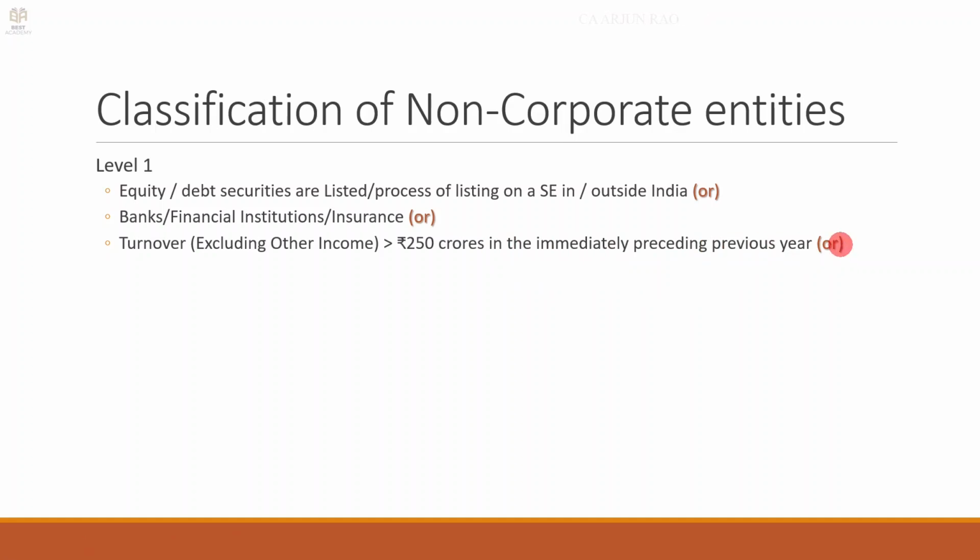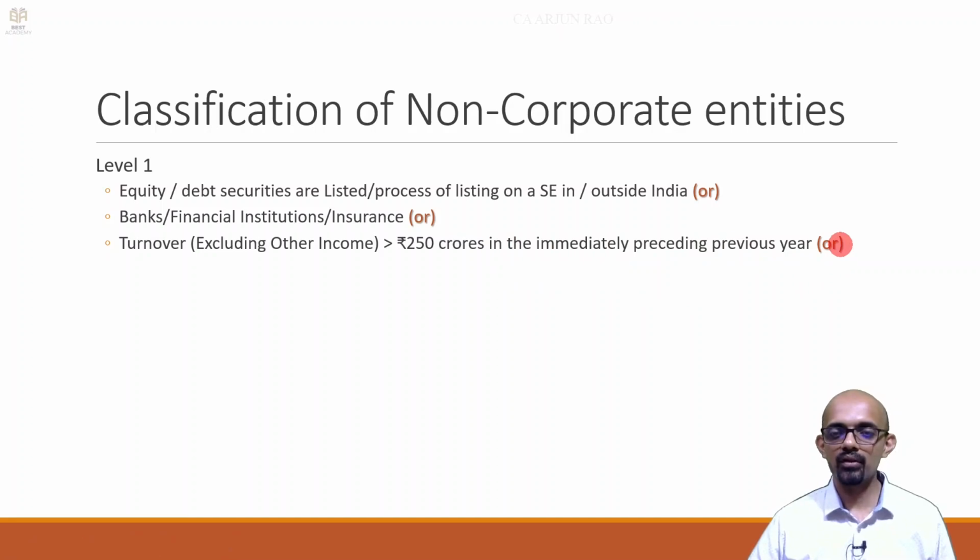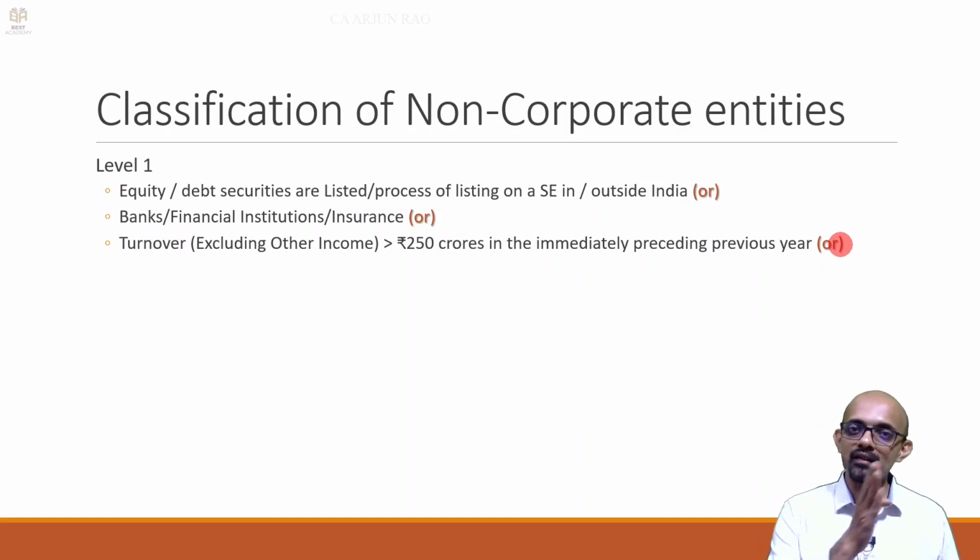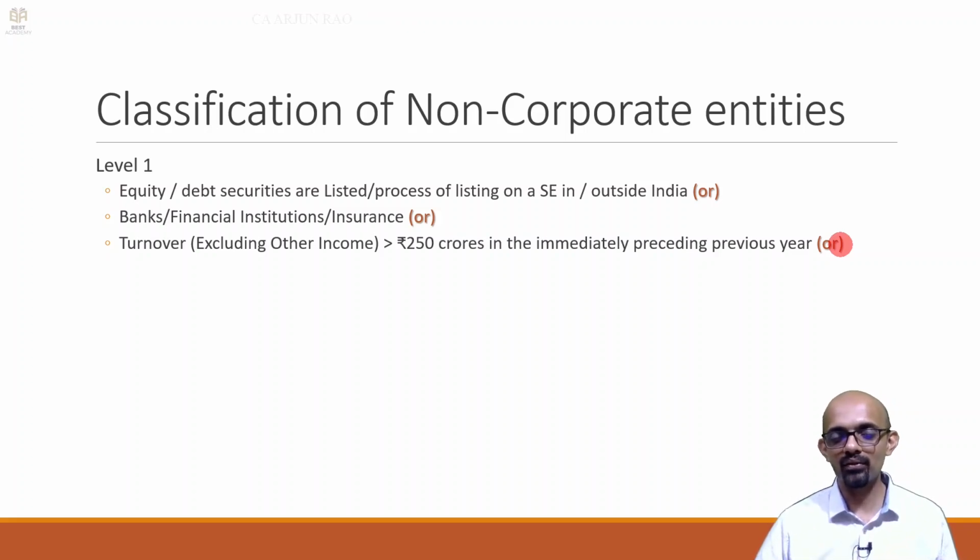So what does this mean? So suppose we are discussing the year 31/3/2025 and for the year 31/3/2024 this entity had a turnover of 251 crores. So for 31/3/2024, if it satisfied this criteria, then for the year 31/3/25 it will be classified as a level 1 entity, right?